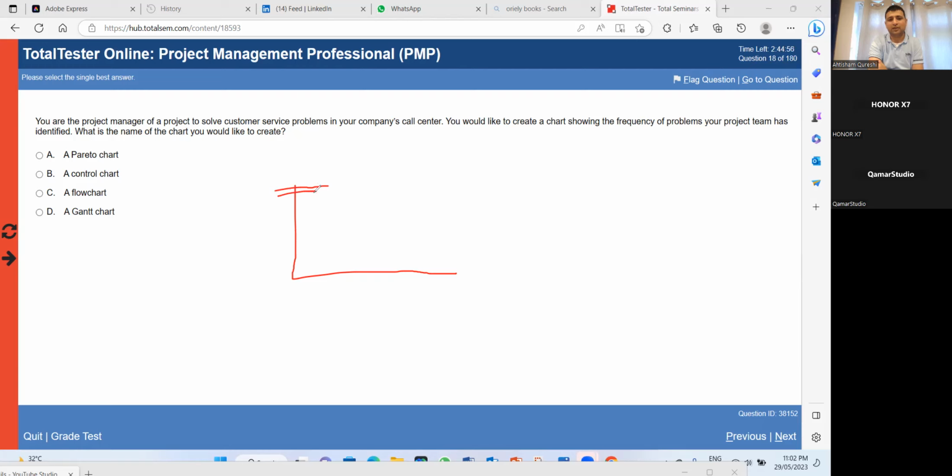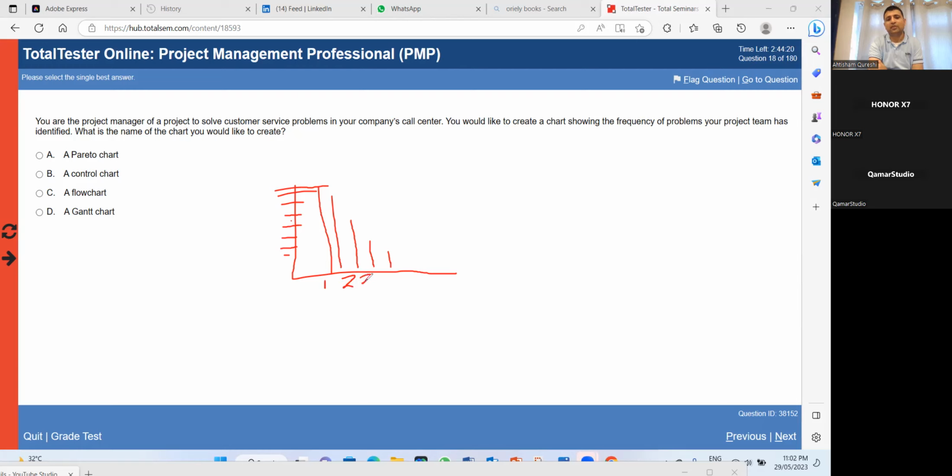So if you see, this is your Pareto. I'm just saying these are the numbers. So this is the number of defects of type A, type B, type C, type D. It means this is the frequency of defect type 1, defect type 2, defect type 3.